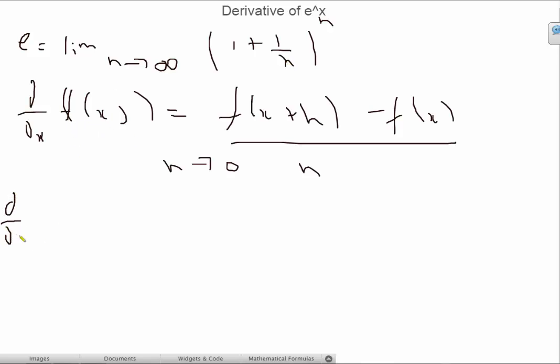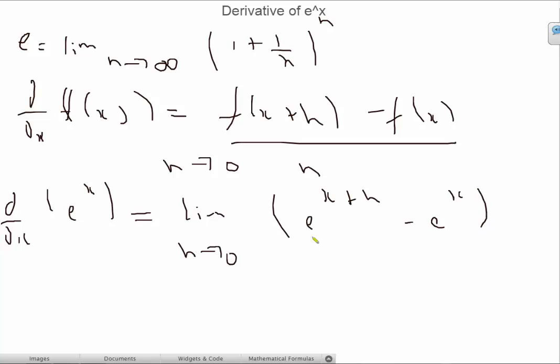So the derivative of e^x is defined as the limit as h approaches 0 of the expression (e^(x+h) - e^x) / h.